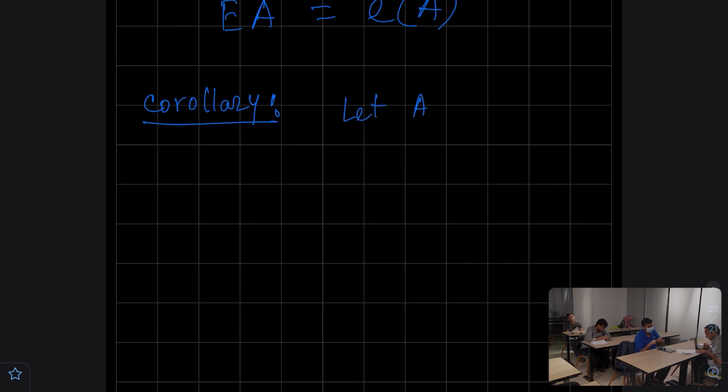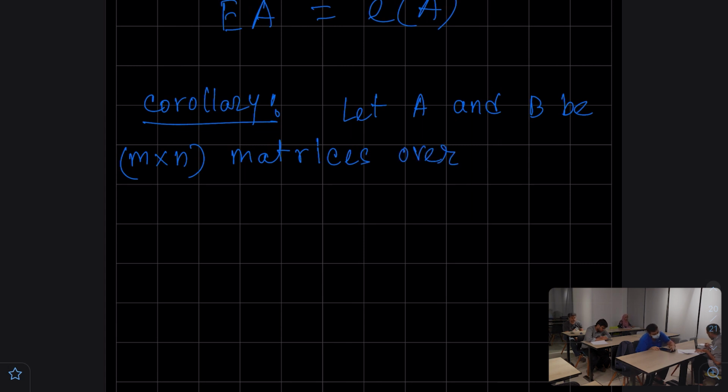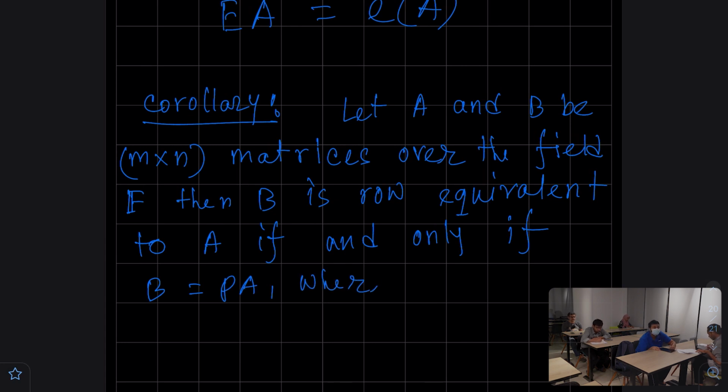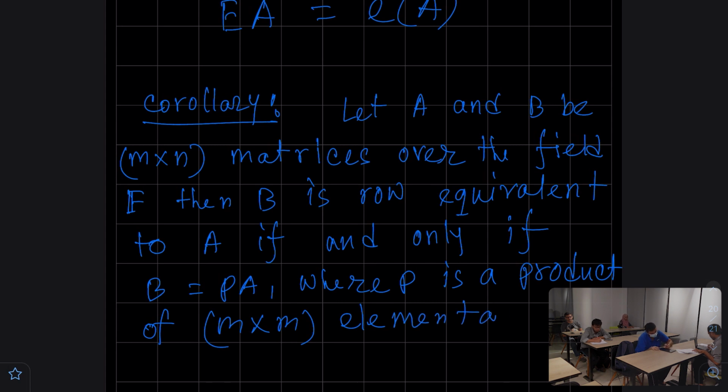Let A and B be m cross n matrices over the field F, then B is row equivalent to A if and only if B equals PA, where P is a product of m cross m elementary matrices.